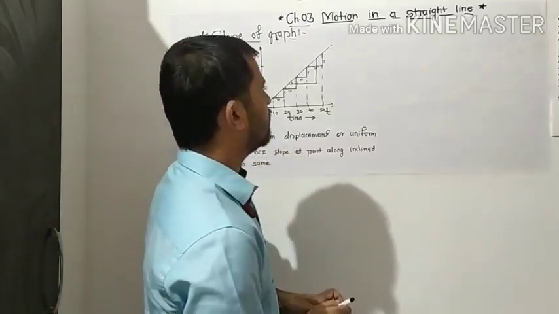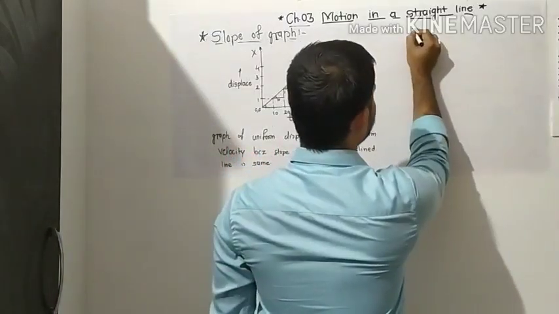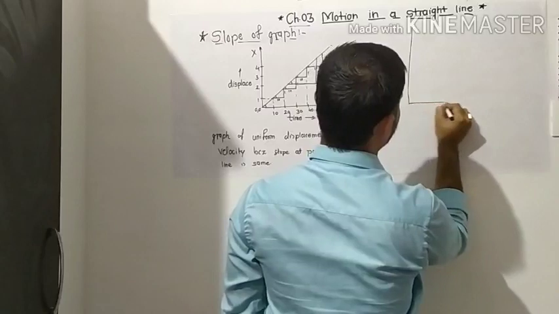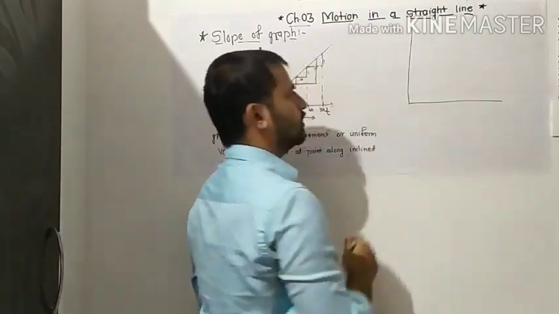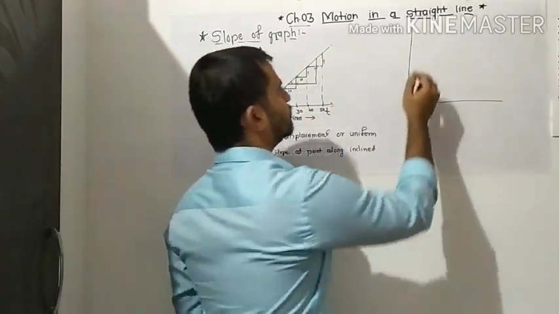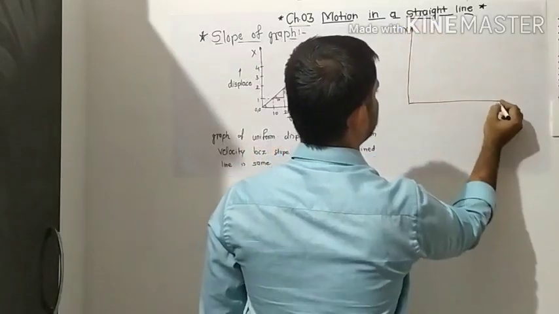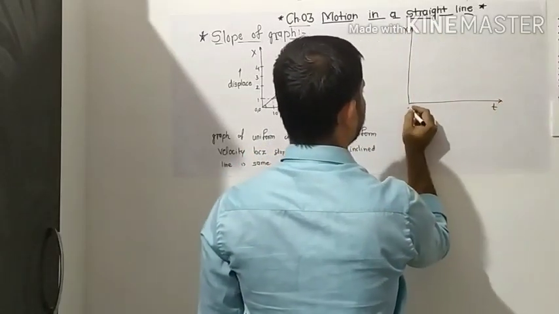Now if we consider another graph of displacement versus time, in this case it is x and it is the time t.